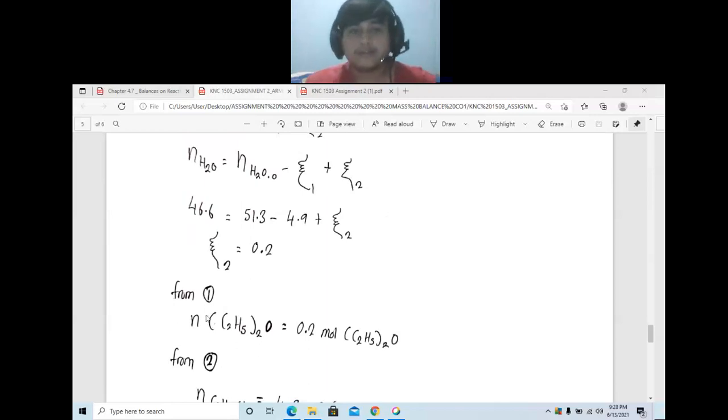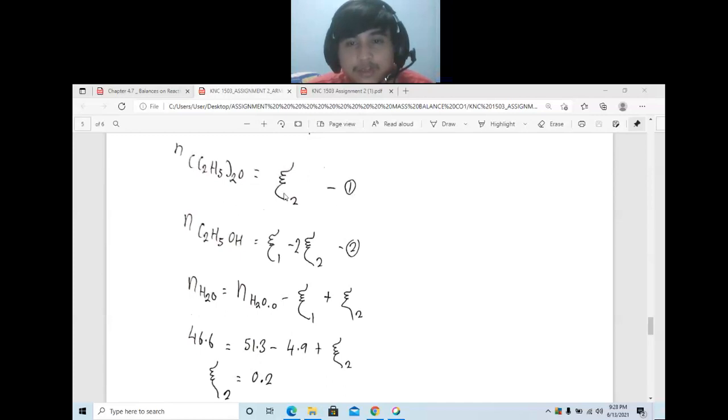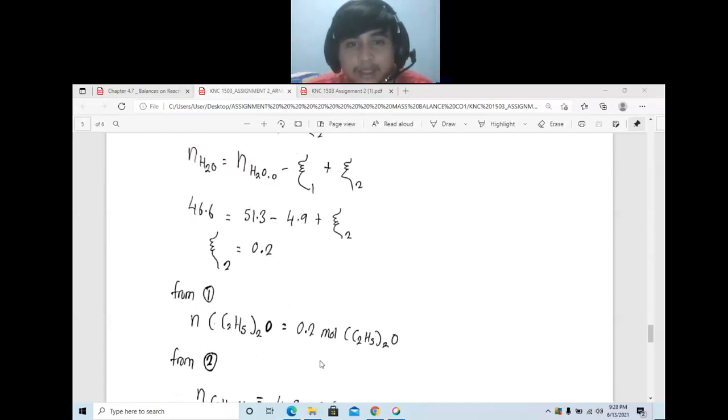Next, from equation 1, the number of moles of C2H4O equals 0.2. From equation 1, extent 2 has already been found, so you just sub in and get the answer directly, 0.2 mole C2H4O.